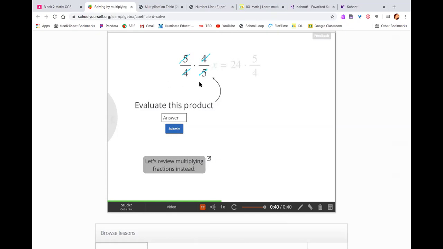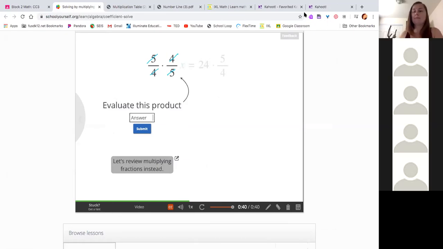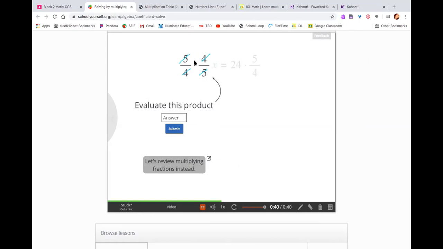Yesterday we were finding the 0 term. Today we're finding the one big factor. So what does that mean? Let's see, 5 divided by 5 is 1.